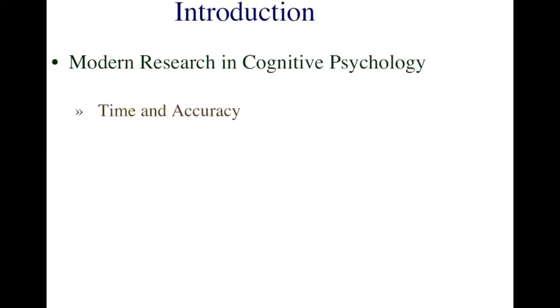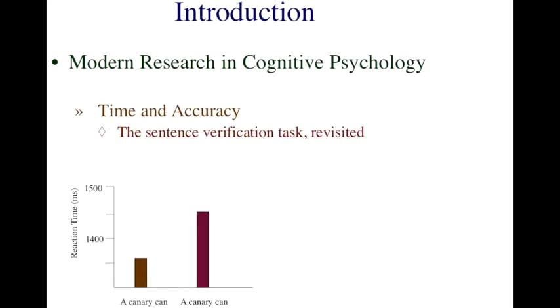Modern research in cognitive psychology, as I mentioned in the first video lecture, depends heavily on the measurement of reaction time. Accuracy is also important in measuring the level of performance of a number of cognitive processes, particularly memory. If you recall, we talked about a task called the sentence verification task in the first video lecture.